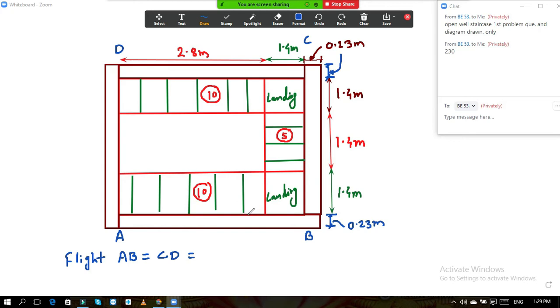The effective length in this case is the center to center distance of the support.